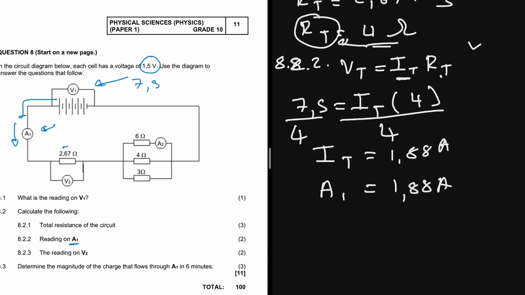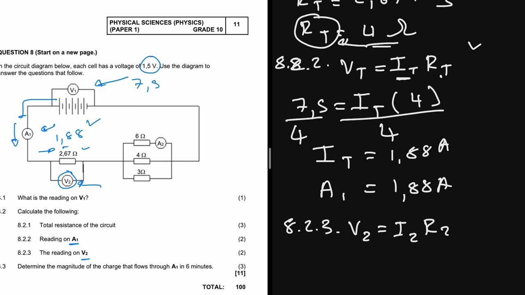Okay, so now the next question, which is 8.2.3, they say we must calculate the reading on V2. So V2 is this one here. Now remember, if you look at the V2 here, we know the current that is going to pass here is the total current, which is 1.88. So we have the current, we have the resistance. That means we can determine the V2. The V2 is the same thing as the current that passes through resistor 2 multiplied by resistor 2.